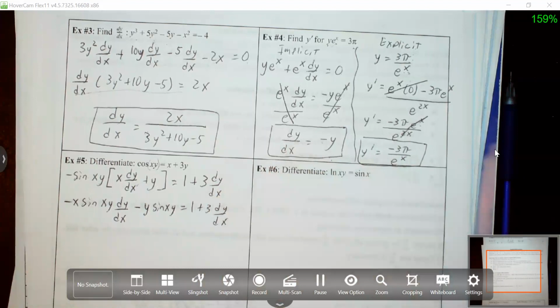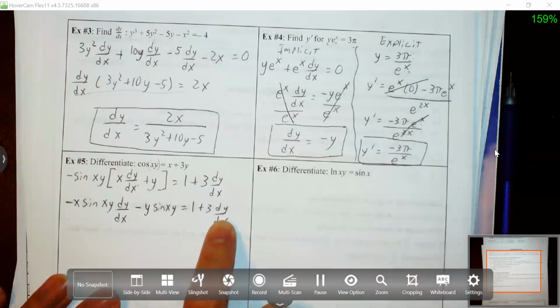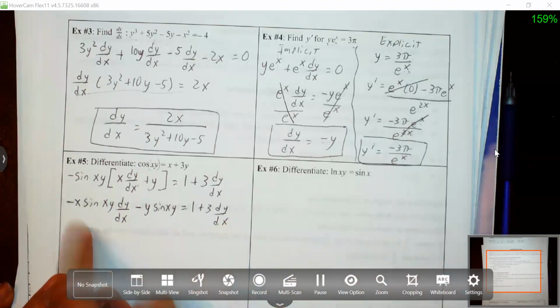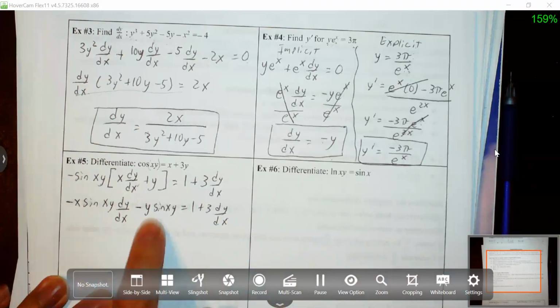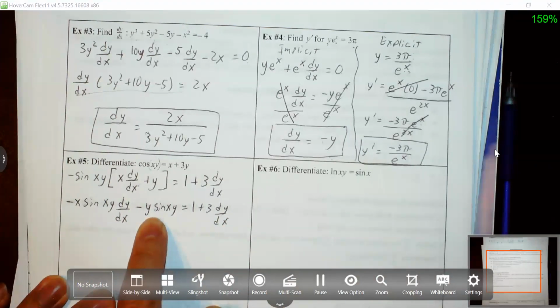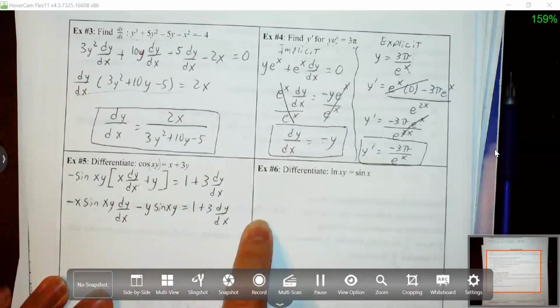Now, all the terms with dy dx, I'm going to want on one side, and the terms without dy dx, I'm going to want on the other side. So what I'm going to do is move this 3 dy dx on the left side, and I'm going to move this negative y sine xy to the right side.